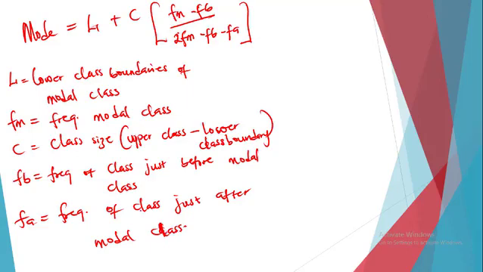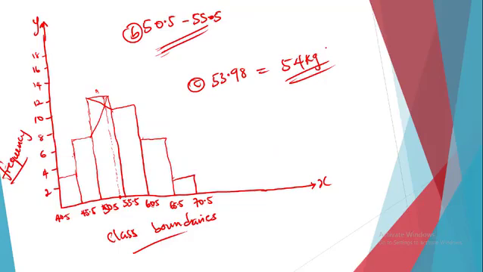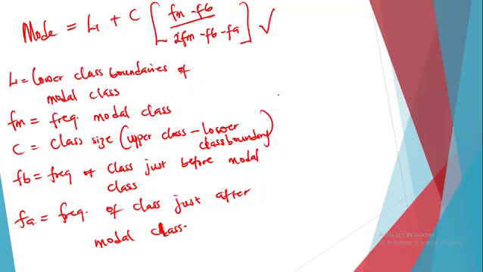So I want to illustrate the use of this formula with the example we just solved now. I said we should find the modal class. Okay, so let us apply this now. Mode is equal to L1 plus C into Fm minus Fb all over 2Fm minus Fb minus Fa.